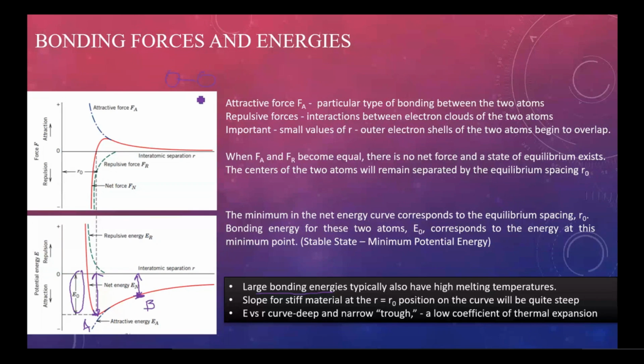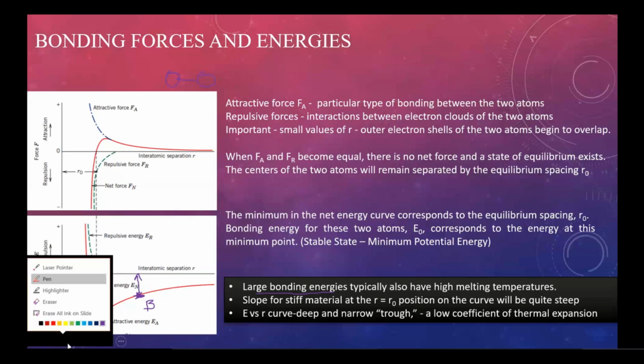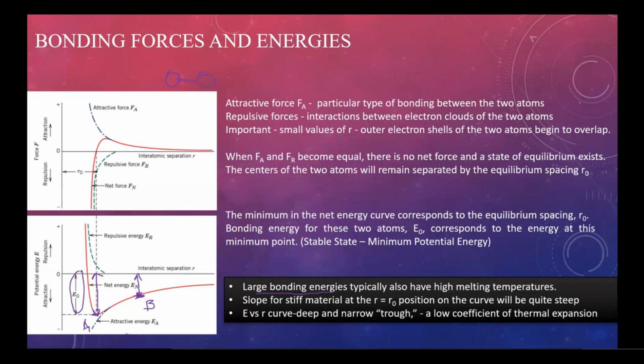Then it says the slope for a stiff material at the R naught position would be quite steep. Let's see how. If I look at this curve, I am considering only this point.